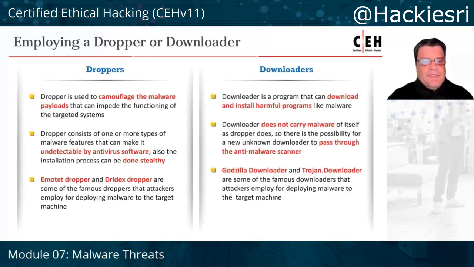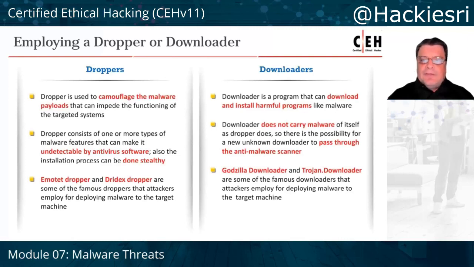Next, Emotet dropper and Dridex dropper are some of the famous droppers that attackers employ for deploying malware to the target machine. Dridex has a long history. It's regularly updated. It is used primarily by Russian hackers in order to hack banks. So it is a very, very powerful and well-designed bank hacking Trojan.